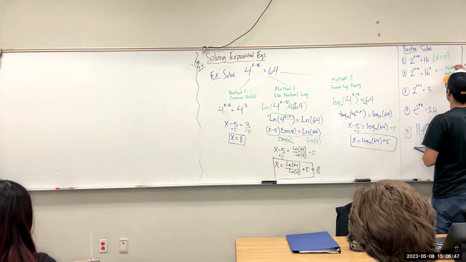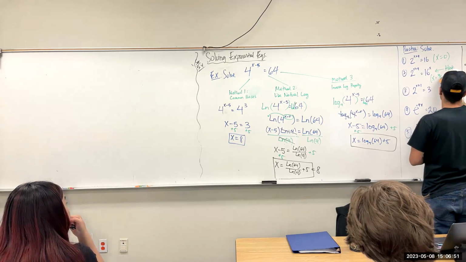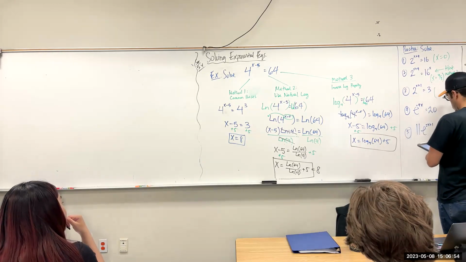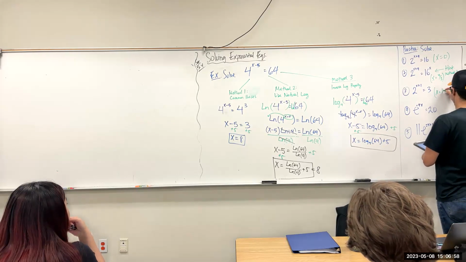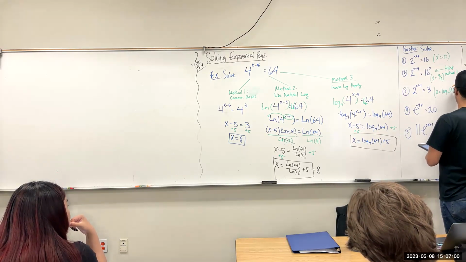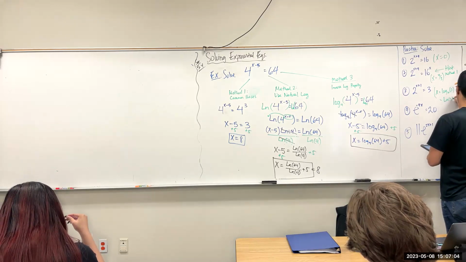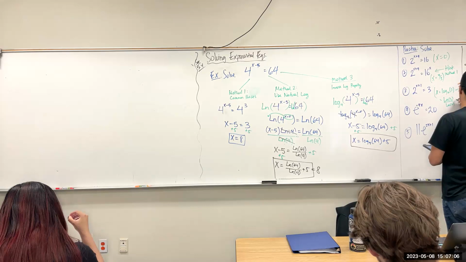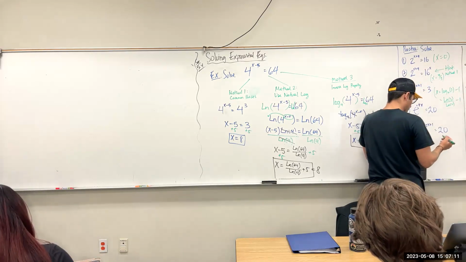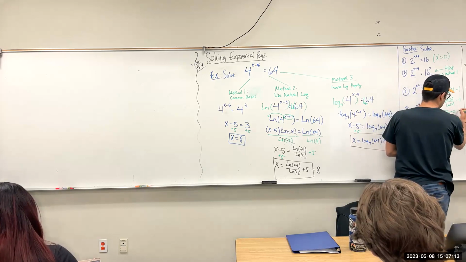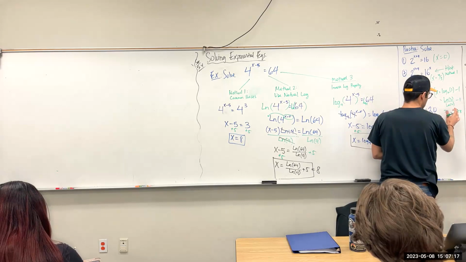x equals 0. This one should be x equals 4/3. This one should be x equals log base 2 of 3 minus 1, or you can write it as ln of 3 over ln of 2 minus 1. If you approximate it, it's negative 0.58.